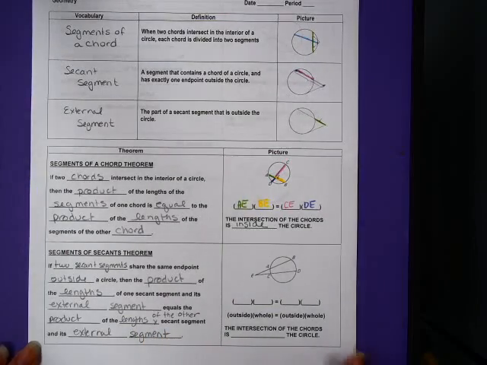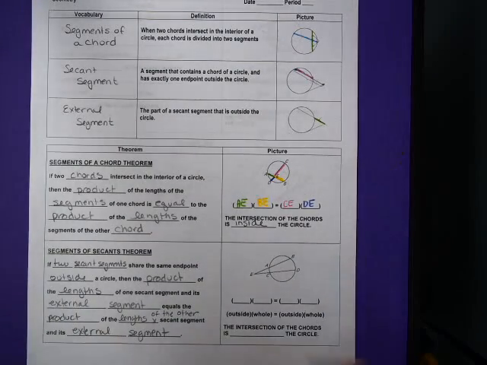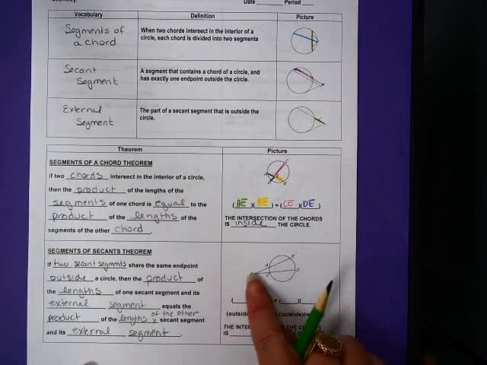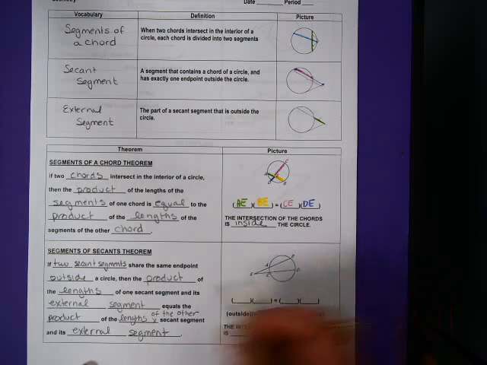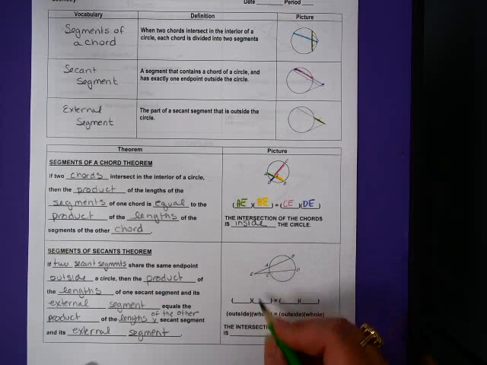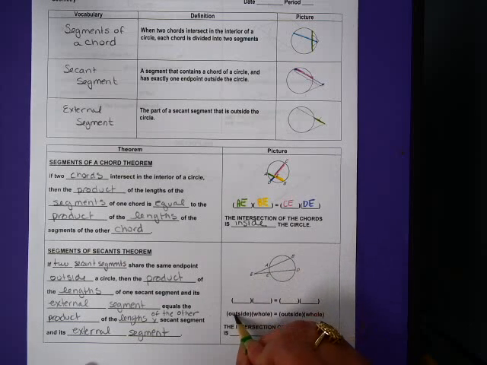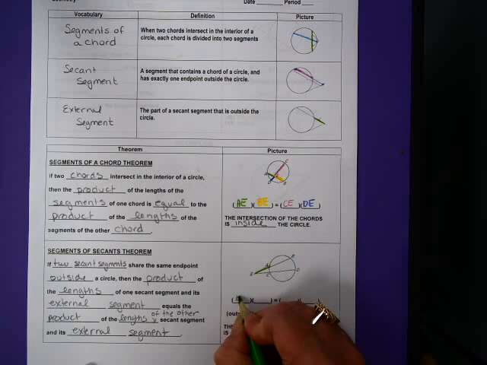Alright, so what are they talking about there? Here we have a circle with two secant segments, and we are trying to figure out what the lengths of them are. So here, the relationship is that the outside, which is the green one, I'm going to call that EA.